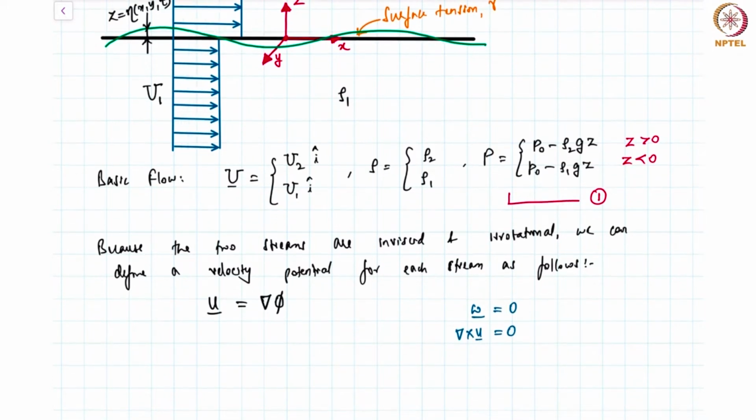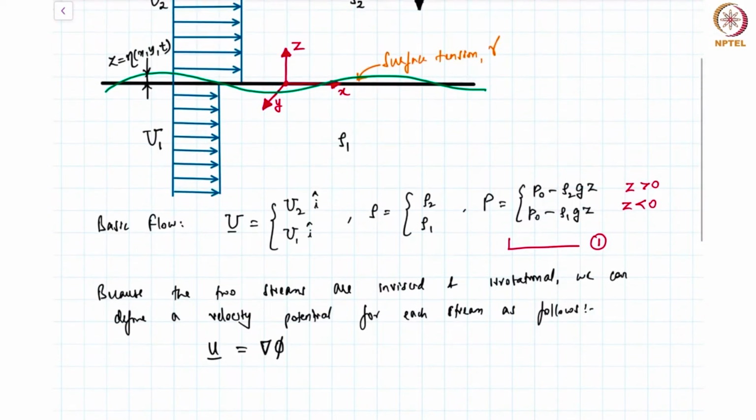And if the curl of velocity is 0, then it allows me to define a potential where the velocity is the gradient of this potential, since the curl of a gradient is always 0. So when I say the flow is irrotational, it allows me to define this potential. So we'll work in terms of the velocity potential.